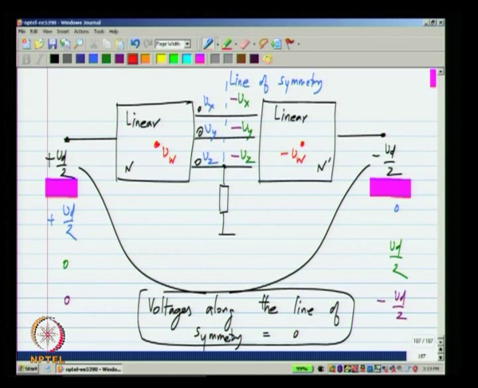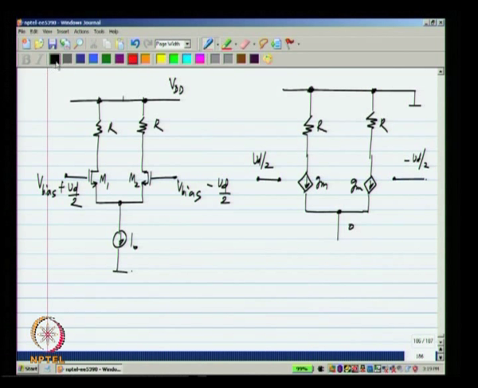So, first of all, I do not have to analyze the full circuit, I will analyze it by setting these voltages to 0 and I analyze only one half of the circuit. Then I know that in the other half of the circuit, whatever voltages I have here can be negated and the solution obtained. So, whatever voltage is here, let me call that Vw, that will be minus Vw.